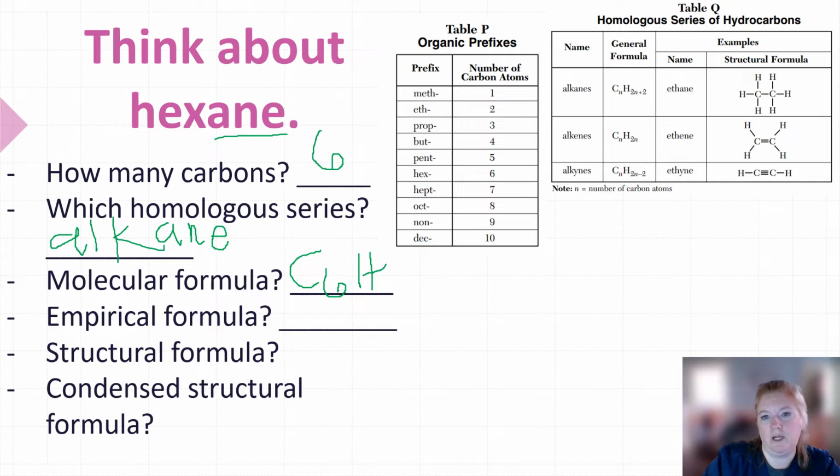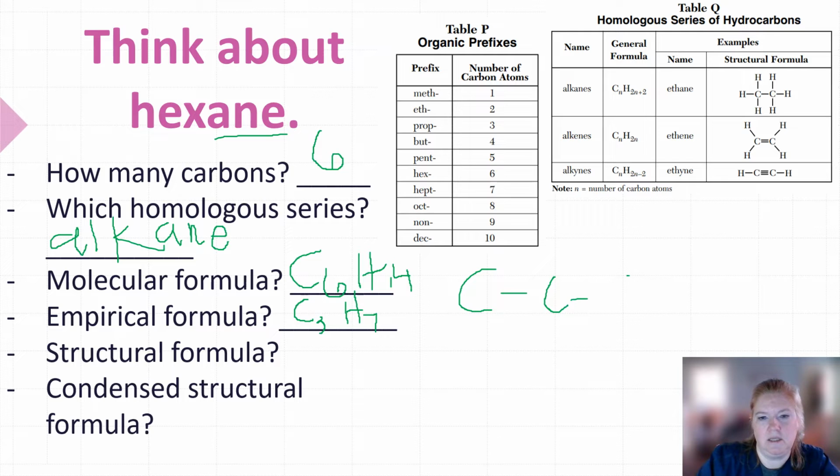C6H, I double it, 12, and then I add 2, 14. What is the empirical formula? Well, I have to reduce it, which means I divide. 6 divided by 2 is 3, and 14 divided by 2 is 7. There's the empirical formula.